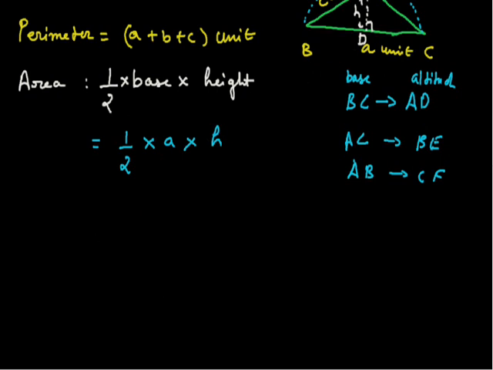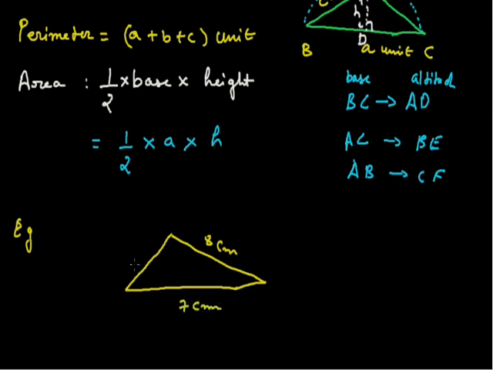Let us solve an example based on it. We are given a triangle whose sides are 8 centimeter, 7 centimeter and 5 centimeter. Then its perimeter will be 8 centimeter plus 5 centimeter plus 7 centimeter.